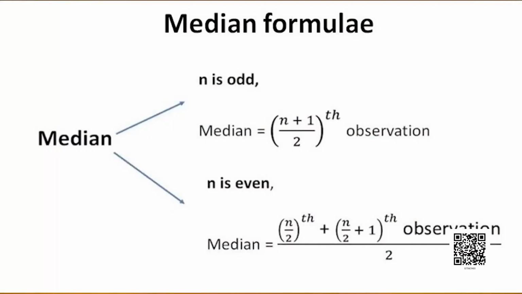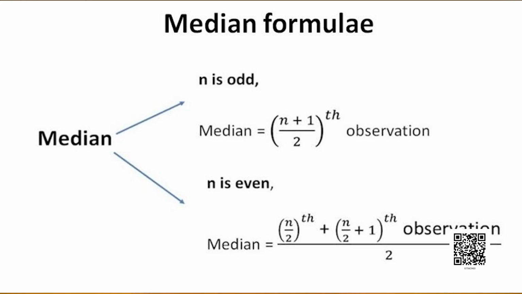So when we are given an odd number of observations, then we use this formula, which one? (N plus 1) upon 2th observation. But what if we have an even number of observations? Nothing to worry about, we have another formula which is slightly different from this. So let us see.